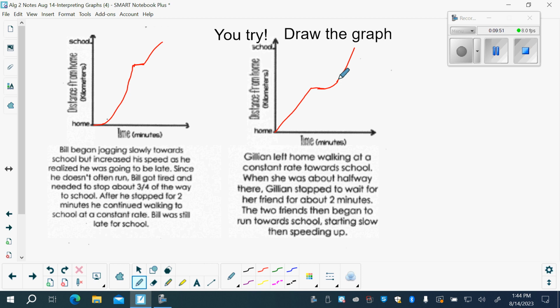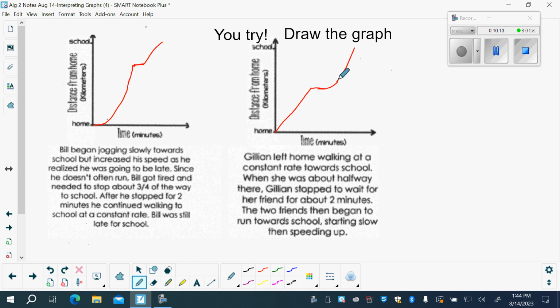You can do it with 2 people and have the 2 of you do the first page and match the graphs with the scenario. So you've got a scenario that's written out on the sheet, and you want to match the scenario with the graph.